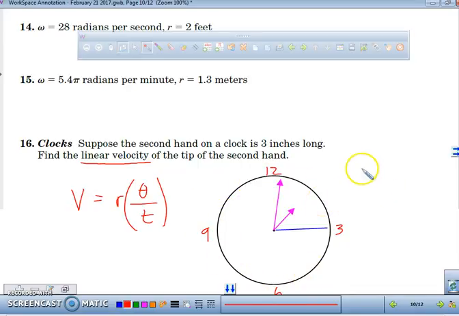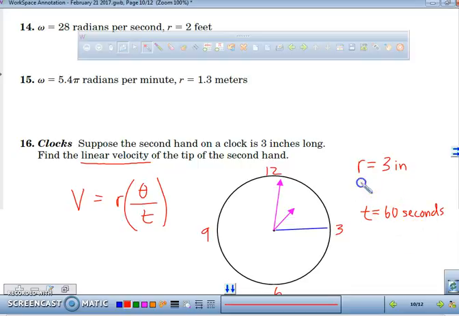So right now, what is the radius of our clock? 3. That's right, 3 inches. Now, the second hand goes all the way around a clock, correct? How many seconds does it take to go all the way around? 60. So the time equals 60 what? Seconds, because it's the second hand. So 60 seconds.